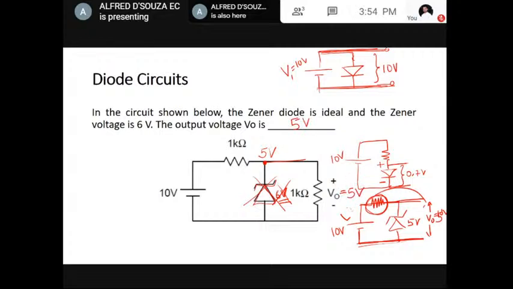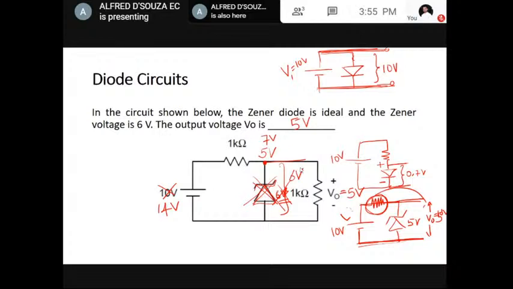You can get this kind of question. Instead of 10, if I had applied 14 volt, then without the Zener diode, the voltage would have been 14 by 2, 7 volt. But the Zener has 6 volt. The moment I connect the Zener diode here, the voltage is 7, its breakdown is 6 volt, so the Zener would have maintained 6 volt.